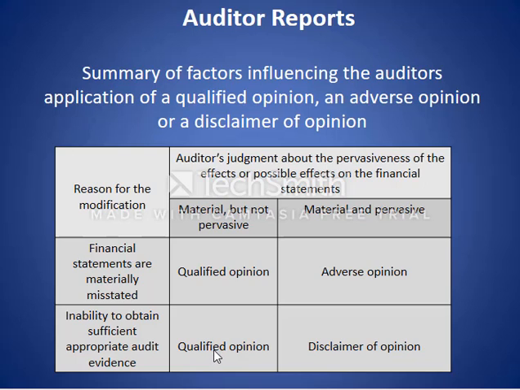If the auditor does not have enough evidence to conclude that the financial statements contain errors that could be material and pervasive, but has no sufficient proof of that occurring, the auditor will issue a disclaimer of opinion.